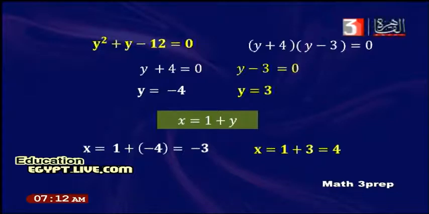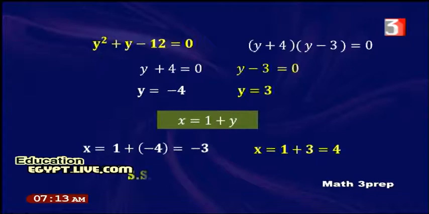As the value of x is negative 3, the value of y will be negative 4. So the first ordered pair will be negative 3 and negative 4. What about the other ordered pair? When the value of x equals 4, the value of y will be 3. So in this case, the other solution is 4 and 3.